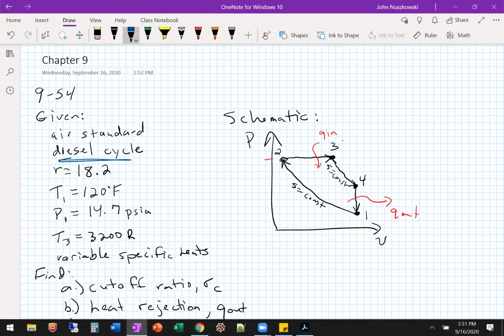Yeah, 1 to 2 is a work in, right? Where do we have work out? 3 to 4. Yep, we're expanding there. Anything else? Any other place? So anytime the volume changes, we have boundary work. Okay. So we also have it from 2 to 3.